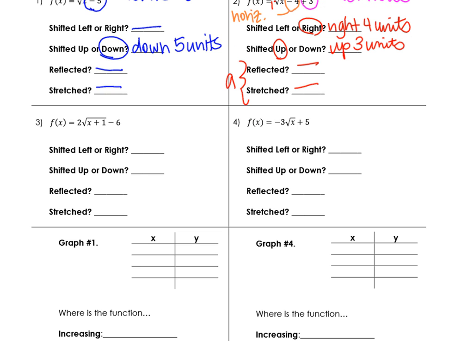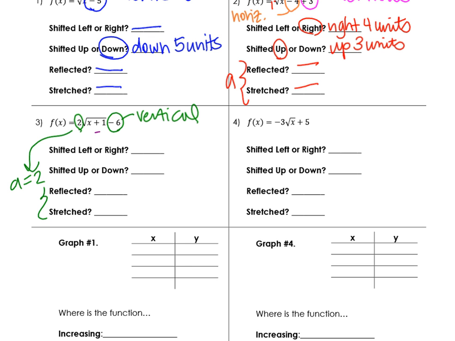If we look at number 3, we have 3 things going on. This minus 6 is on the outside and we're adding or subtracting, so this is vertical. This 2 is also on the outside, but we're multiplying 2 times the square root. So that's going to be my value of a, and that's going to affect these 2.